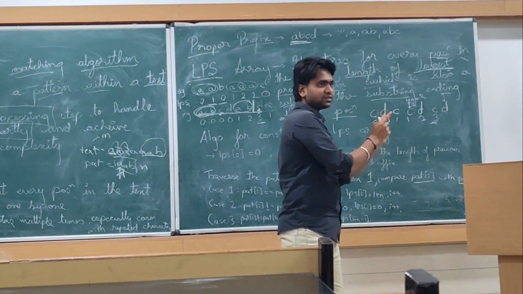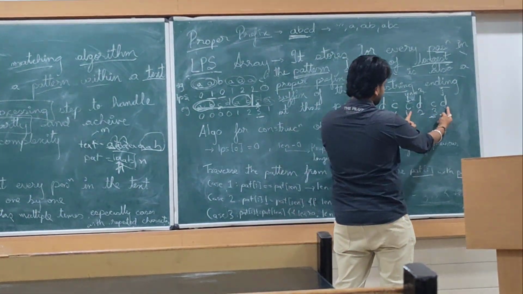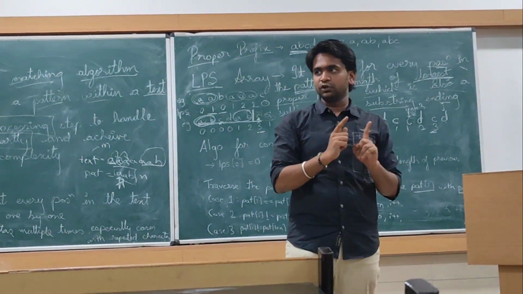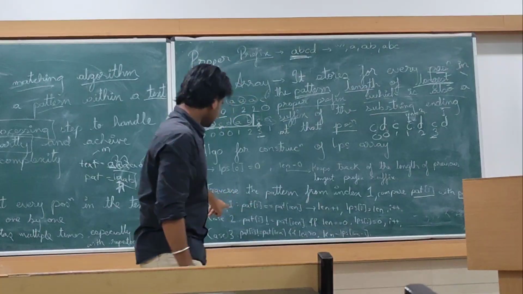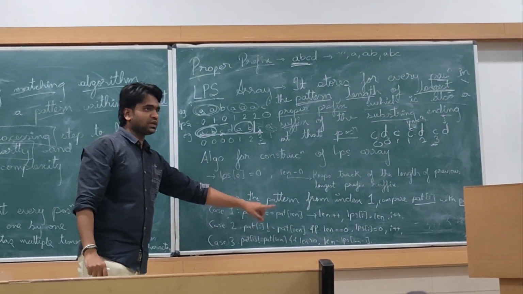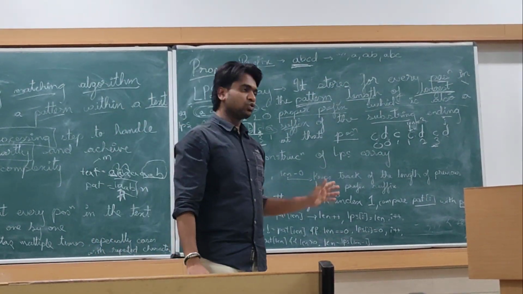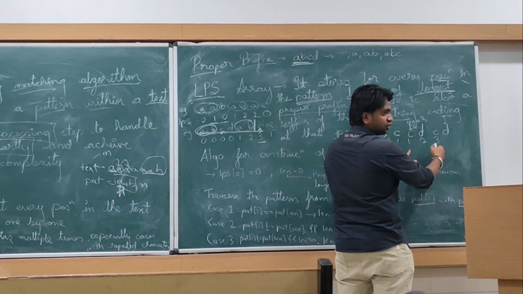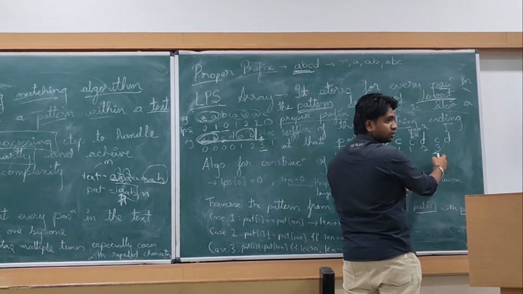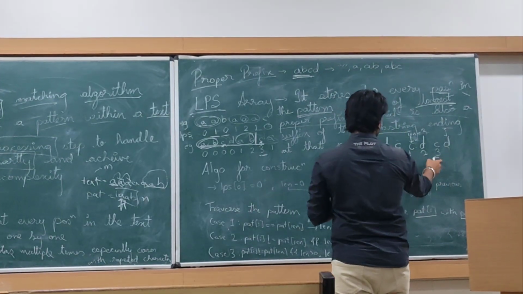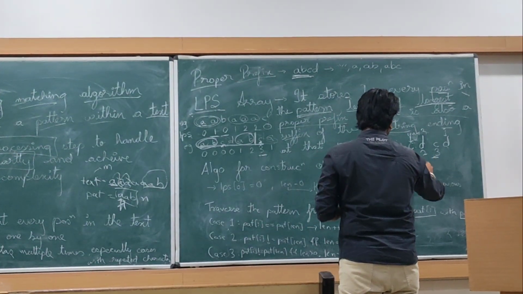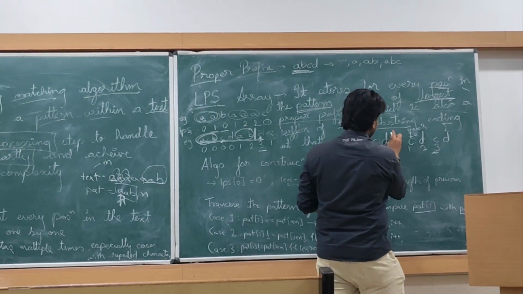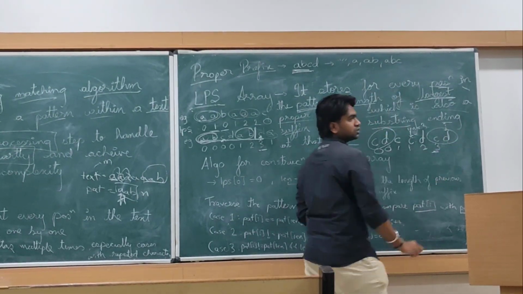Now see, why is this a different case? Here D and C do not match, pattern of i is not equal to pattern of length. In the earlier case pattern of i and pattern of length were not equal, but length was 0, so you set LPS of i to 0. Here these two do not match, but length is not 0, length is 3. So what do you move on to? What was matching for its previous? That is 2, and therefore you get this CD is equal to this CD.